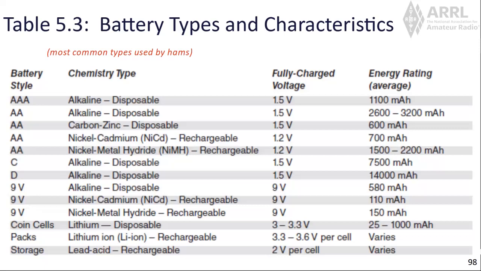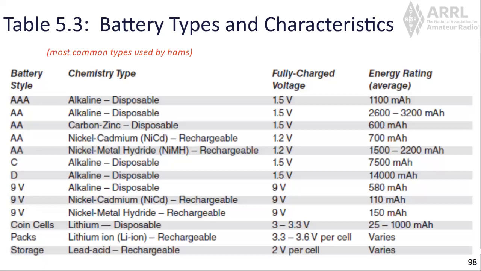And it's interesting that the 9-volt batteries, whether they're disposable or rechargeable, are 9 volts. Let's go on down to the coin cells. They're lithium disposable, 3 to 3.3 volts. They don't put out a whole lot of energy, but that's what's in your watch. It's what keeps your computer memory alive.